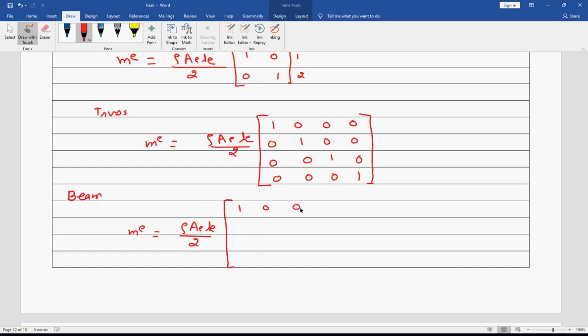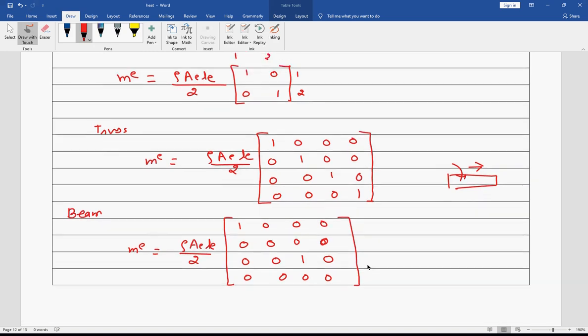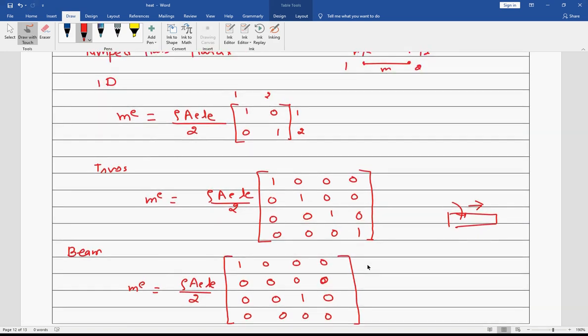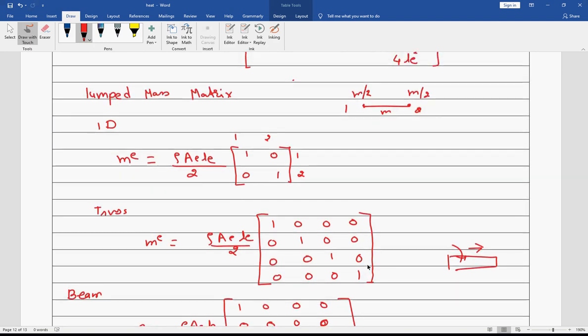So again it is 1 0 0 0, and this is the rotation degree of freedom, therefore here all elements will be 0. 0, 0, 1, 0. So the beam has basically a rotation and a translation along the axial direction. For rotation, no mass is there. And lastly also it will be 0. So these are the three lump mass matrices. You can take a screenshot of this.